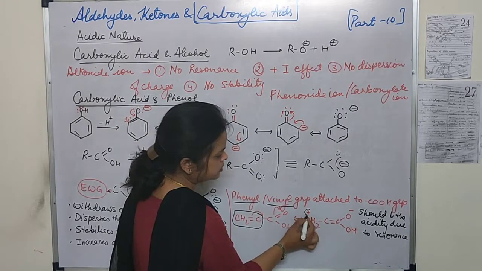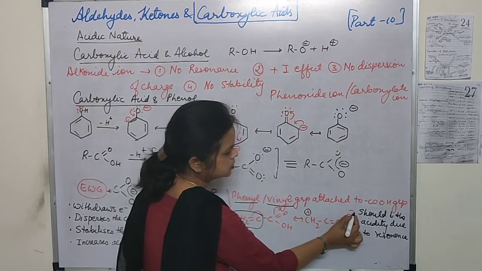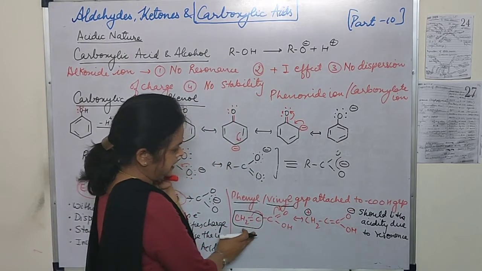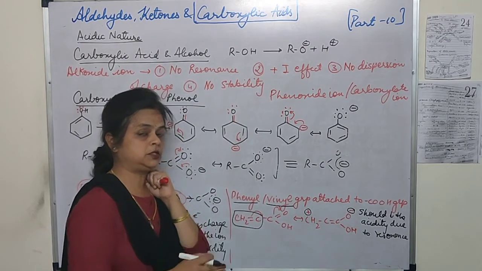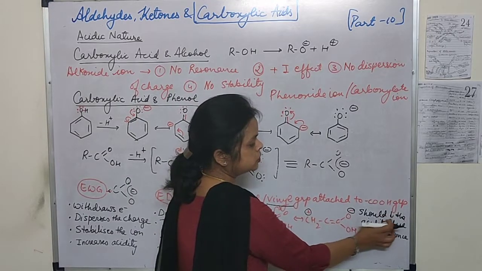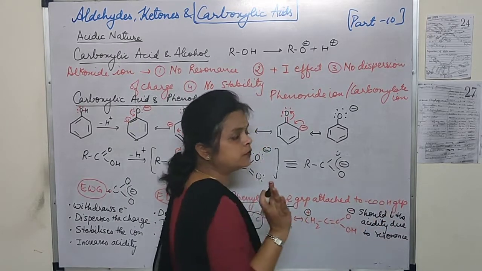CH2 will be carrying the positive charge, this carbon, and this oxygen will be carrying the negative charge. That means we will say that this compound is stable because it is showing the resulting structure, so it should decrease the acidity due to resonance.